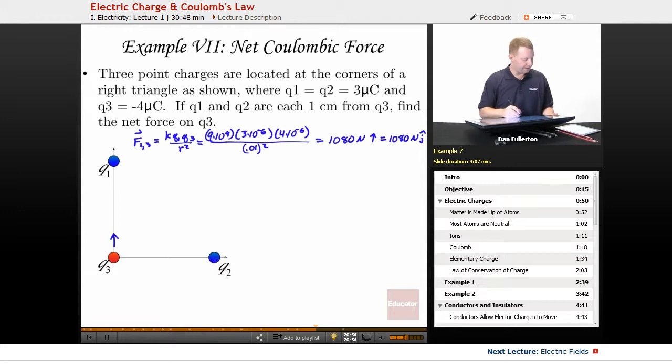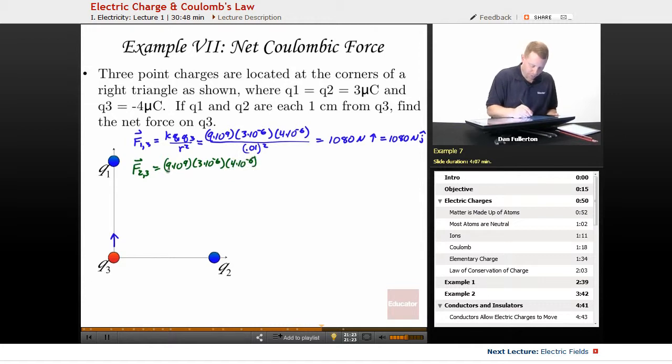All right, let's look at the force on Q3 due to Q2. So the force of 2 on 3 is going to be K Q3 Q2 over r squared, which is going to be 9 times 10 to the 9th again, times our first charge, 3 times 10 to the minus 6, times our second charge, 4 times 10 to the minus 6, all over the square of the distance between them again, 0.01 meters squared, or, again, 1,080 newtons.